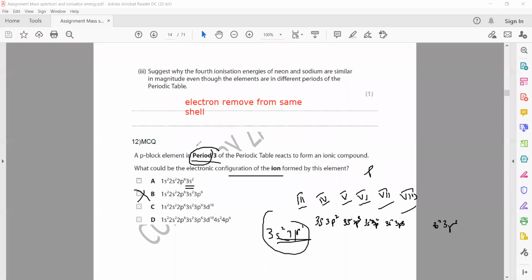The third period they are asking, a p block element from the third period.